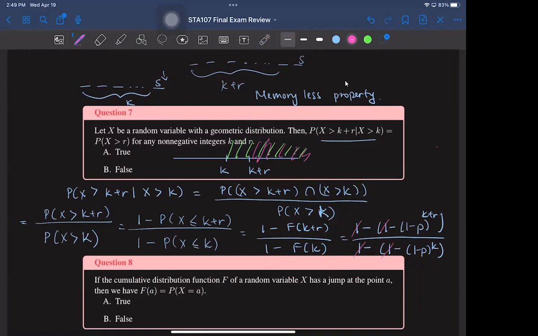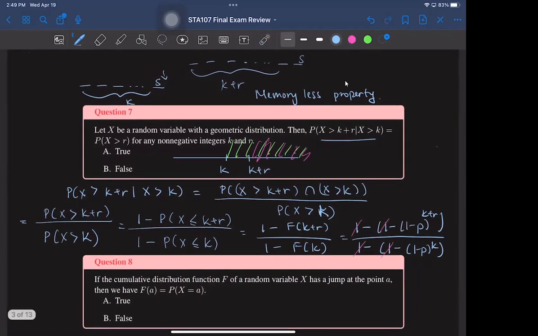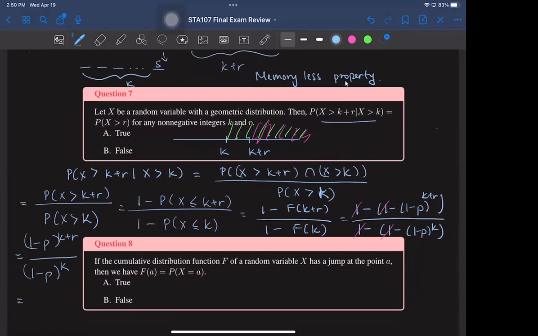Yeah. And so we are left with 1 minus p to the power of k plus r, and then 1 minus p to the power of k. And this is just 1 minus p to the power of r, right? Because I have k plus r minus k, just gives me r.